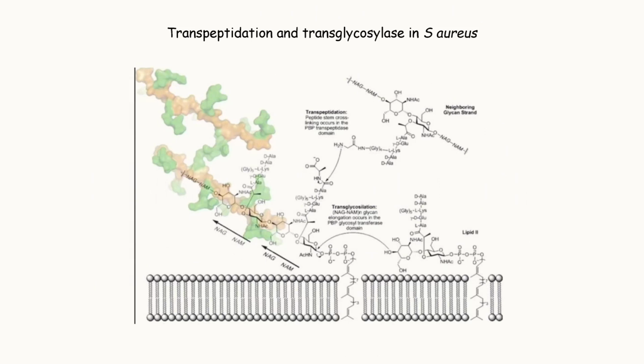So this just shows here, again, we have our lipid 2, we have our growing chain, and here we have our pentaglycine. So this is Staph aureus. And we take D-alanine, and form a cross-link and kick out the alanine. And many of you have probably seen this before. I used to teach this in high school.